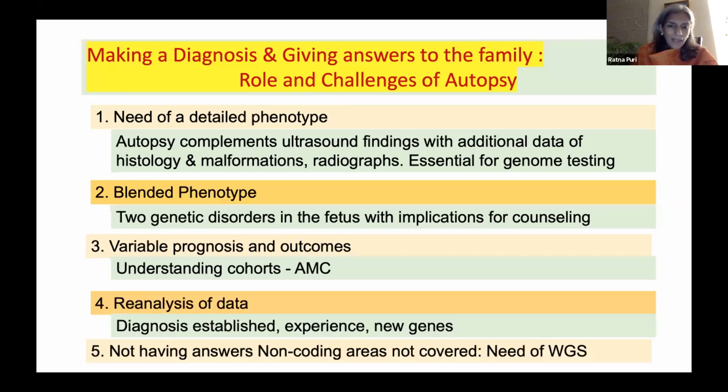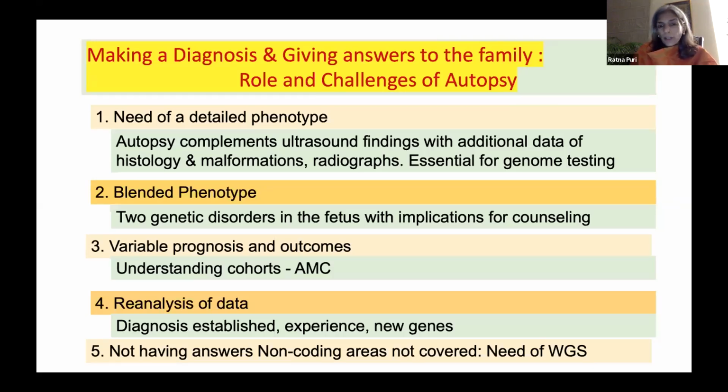And then also in this genomic era, we are doing a reanalysis of our genomic data, because maybe a year ago we did not find any anomaly, but I'm convinced in my mind that yes, that is a genetic disorder. Or we are doing additional, more advanced tests like genome sequencing.